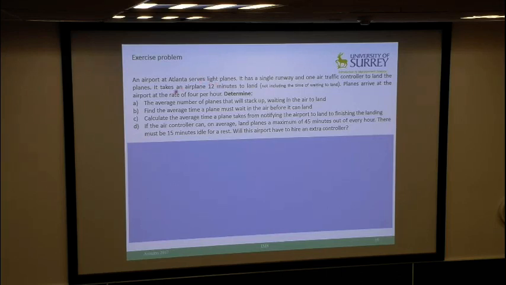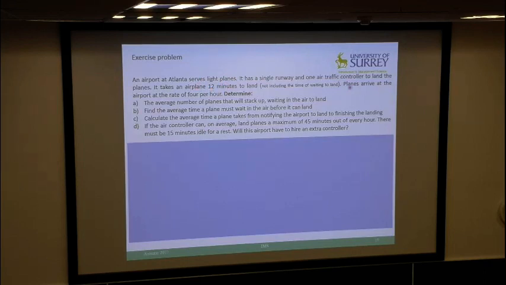And we know it takes an airplane 12 minutes to land, not including the time waiting to be landed. So think about 12 minutes as the landing time. During that time, you need a service from the air traffic controller, who serves you to land at the airport. So that's the service process, and you need 12 minutes to finish it. That's the service time.